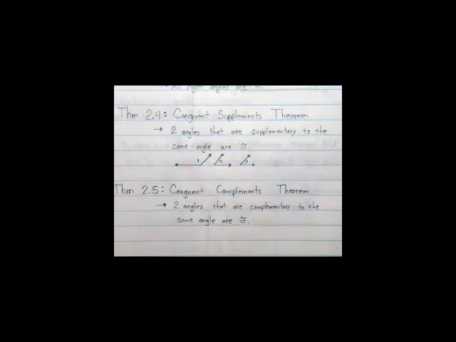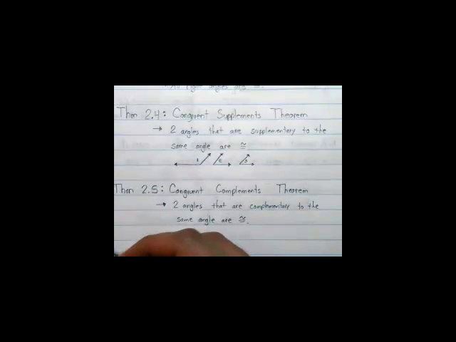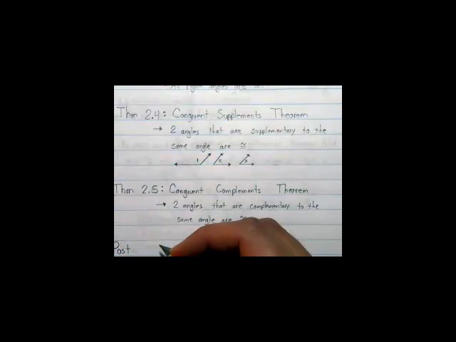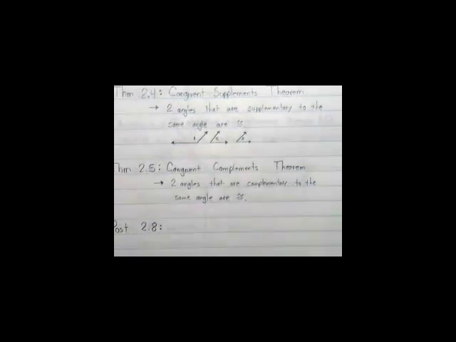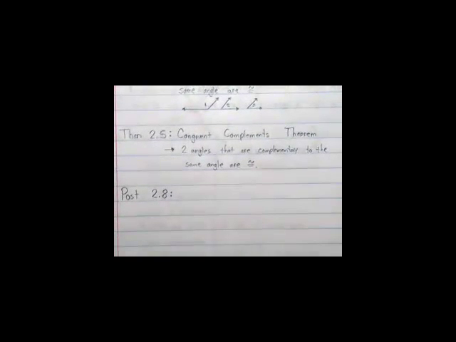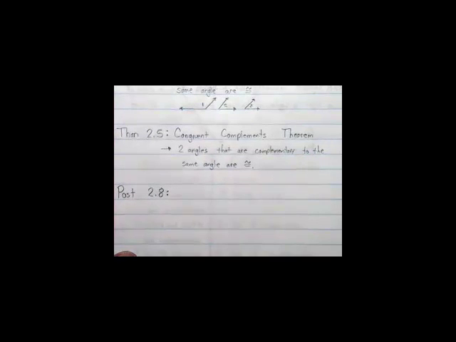Other ones we're going to use, 2.8 and theorem 2.6. So yeah, this one's a postulate, which remember just means we can't actually prove it, but this will be something that is useful.